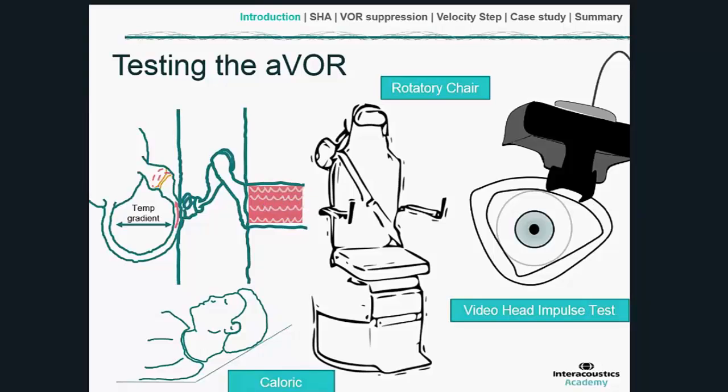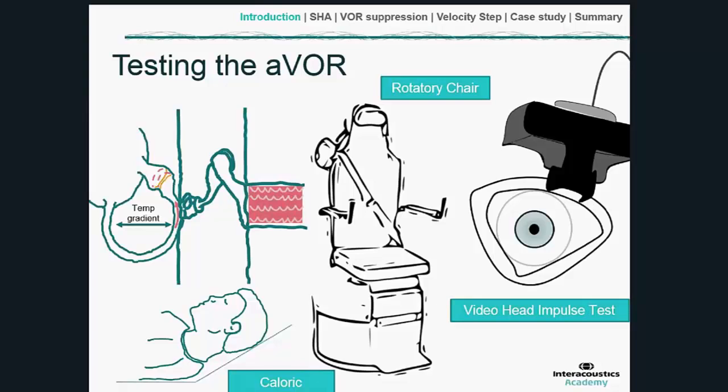By changing the temperature in the horizontal semicircular canal, the lateral canal, we set up a temperature gradient between one side of the canal and the other, and that causes convection currents. If we heat the fluid up, it will cause the cupula to push towards the utricle and cause an excitatory response, or we could of course cool the ear down and cause the opposite convection current and then the opposite response.